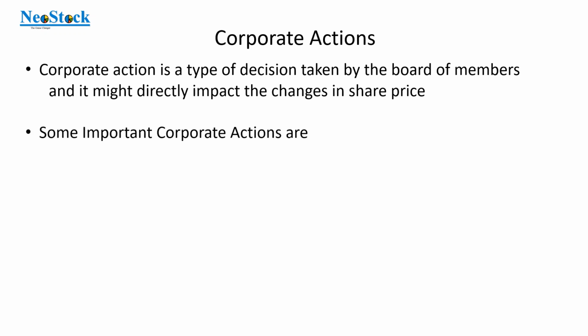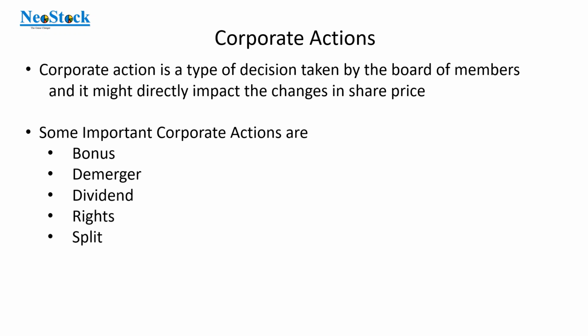Some important corporate actions are directly impacting the prices in your charts. I'm showing only the important corporate actions which directly impact the prices on your charts. One is bonus, another is demerger, another is dividend, another is rights, and another is split.